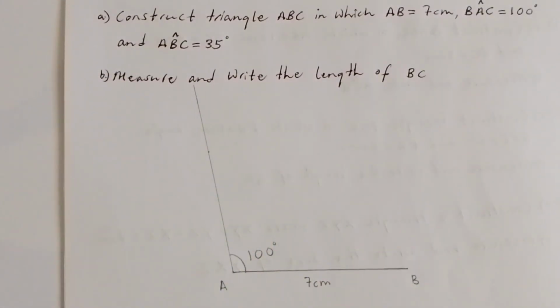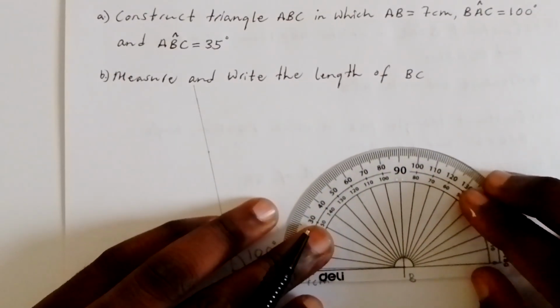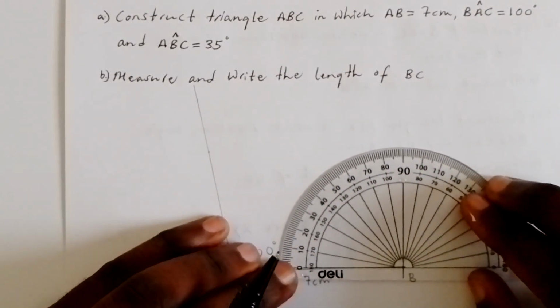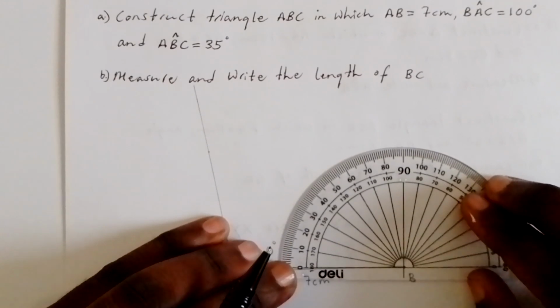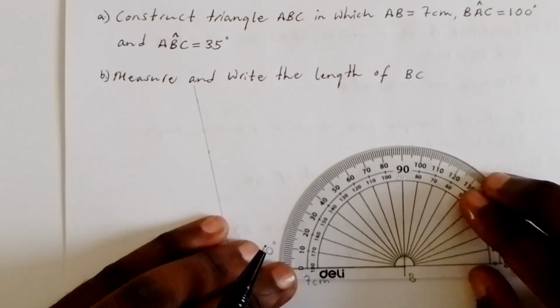So how do you draw the 35 degrees? You get your protractor, ensuring that the center point is there.